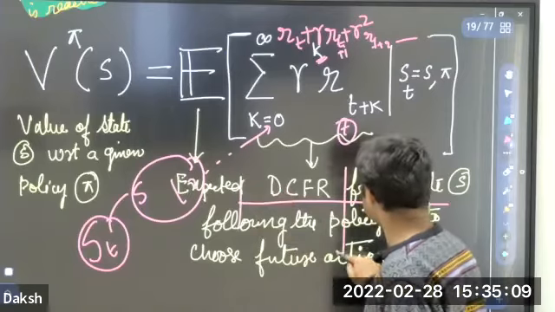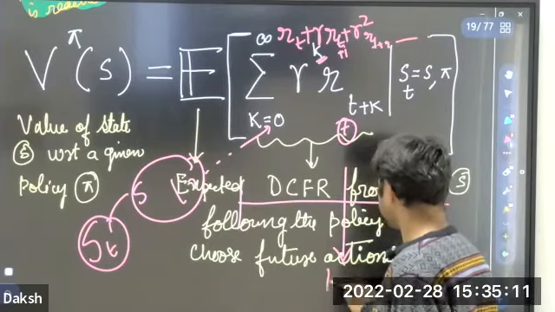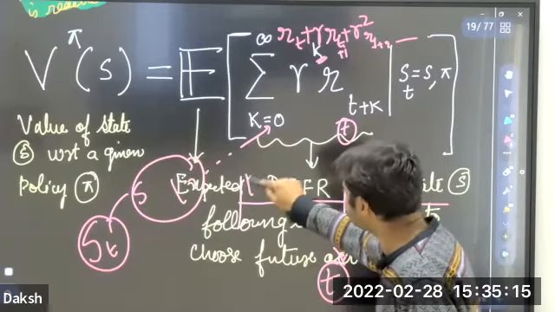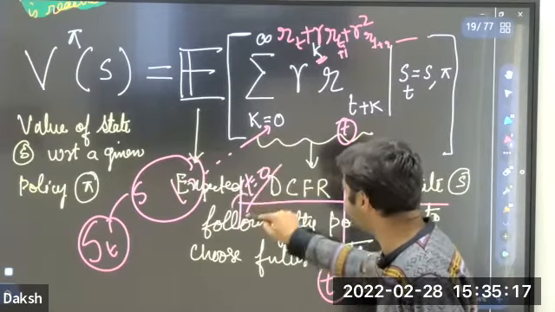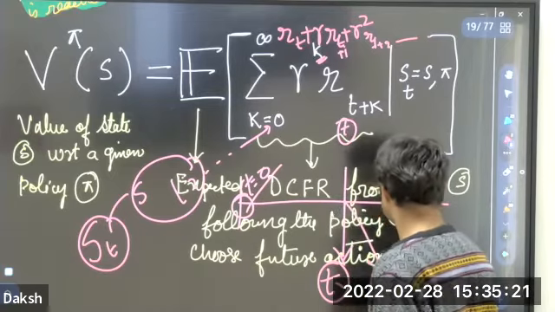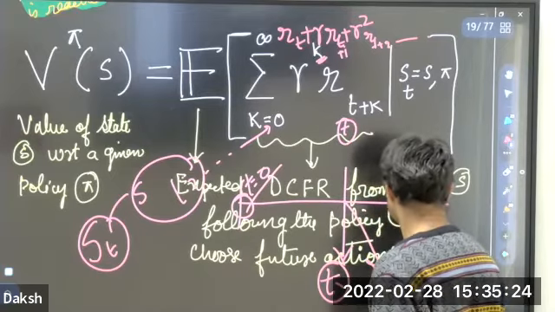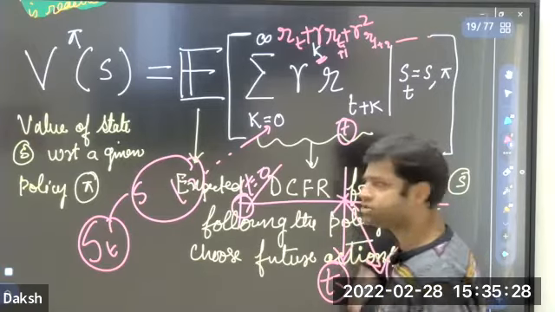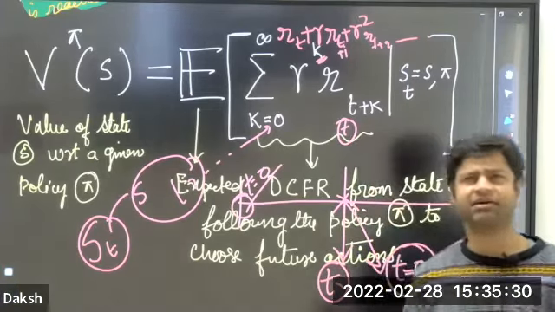Right now you are here. This is your t. If you assume your t is starting from 0, which is over here, then that's right now t. If somebody says t is starting from 0 from here, then there is no k, your t itself is increasing. Why do you want a k?